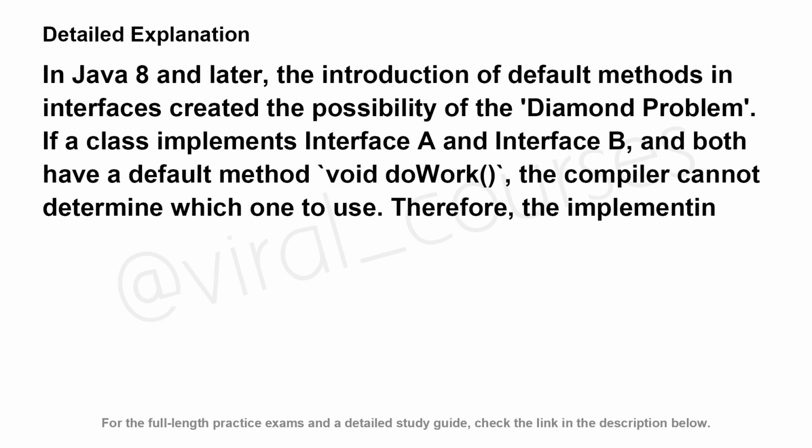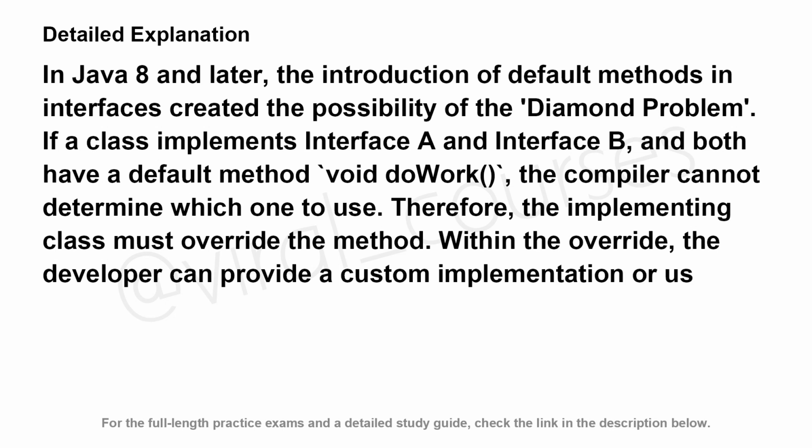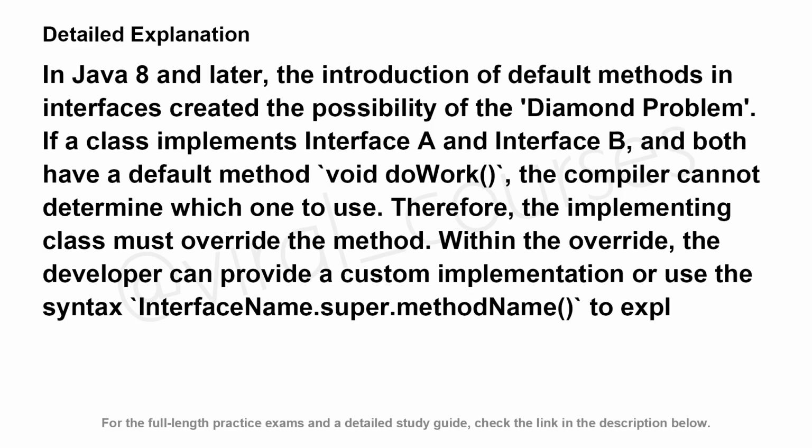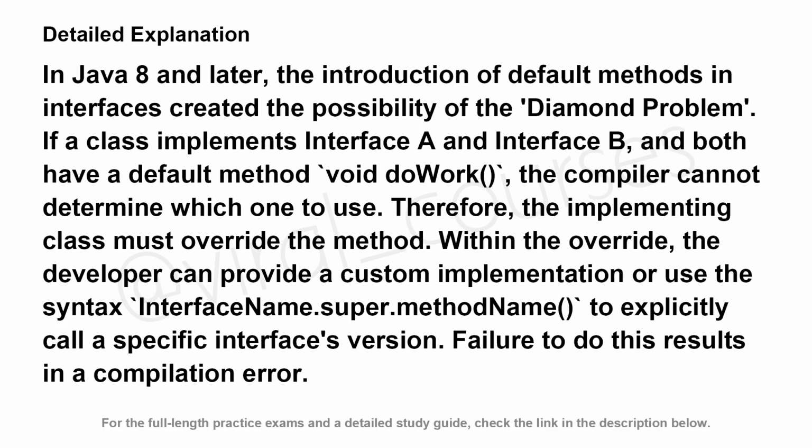Therefore, the implementing class must override the method. Within the override, the developer can provide a custom implementation or use the syntax InterfaceName.super.methodName to explicitly call a specific interface's version. Failure to do this results in a compilation error.